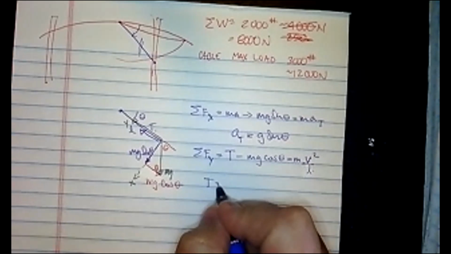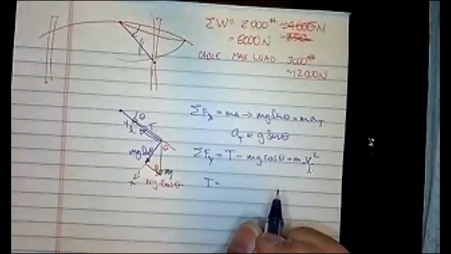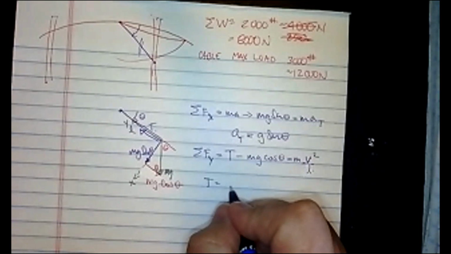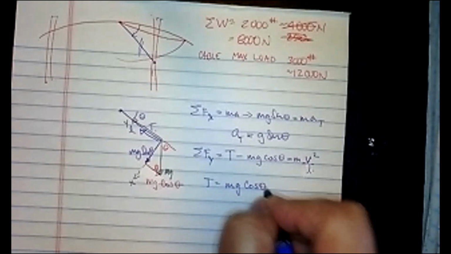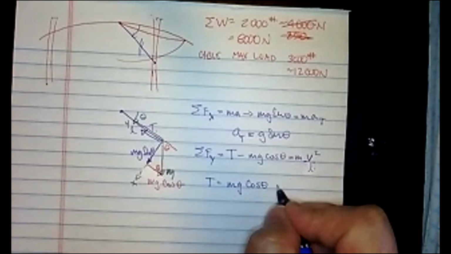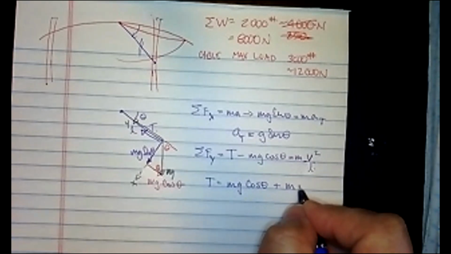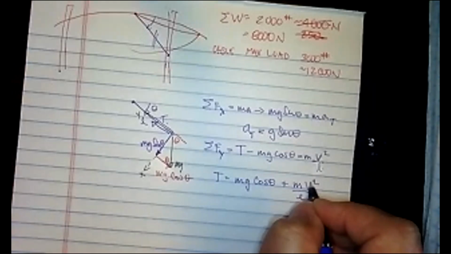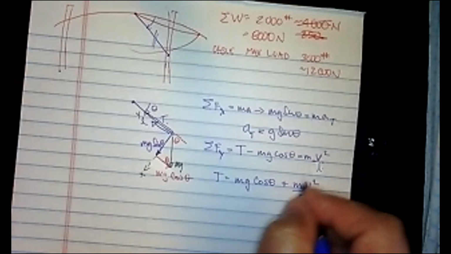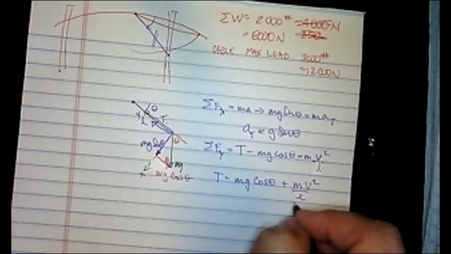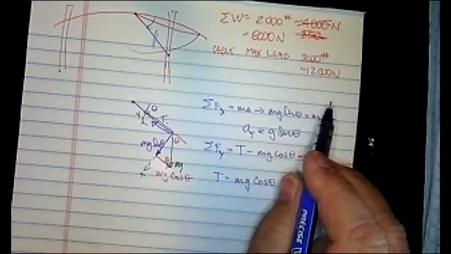So you can see that the tension in the cable is not going to have to deal with just mg. It's going to have to deal with mg cosine theta, which cosine theta does decrease a little bit, plus mv squared over L. And this term, because the larger the cable is, the larger this velocity gets, in fact. So this term is really not taken into account at all by that calculation.